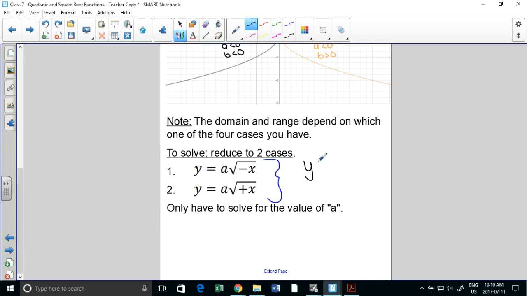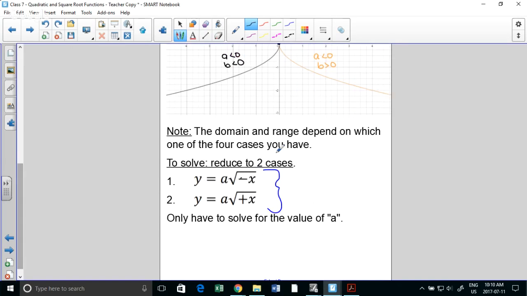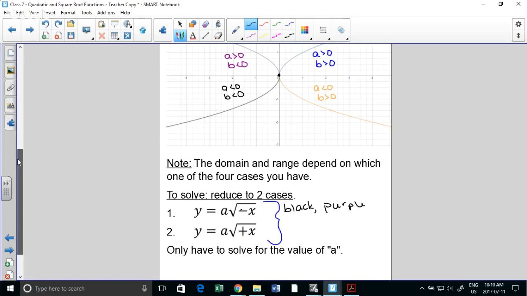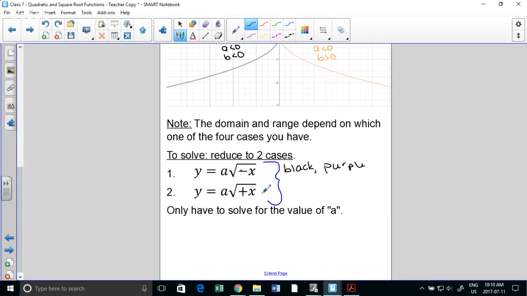So rather than having y equals a root of bx and having to solve for 2 different parameters, we're going to reduce this. a is going to absorb b. And we have 2 different cases. Either we have an a with a negative b, which would be for black and purple, and this one with the positive b would be for blue and orange.